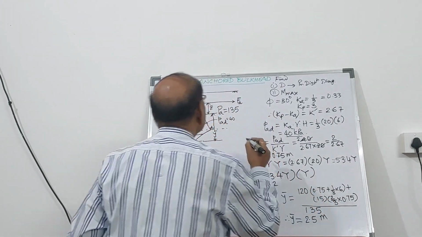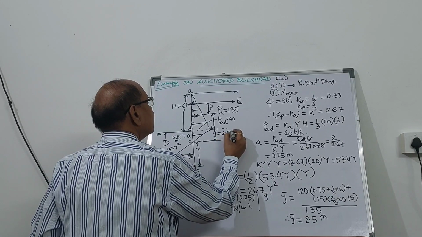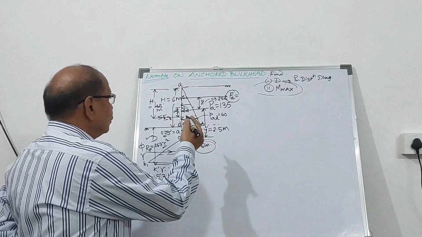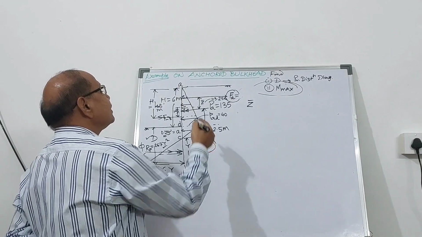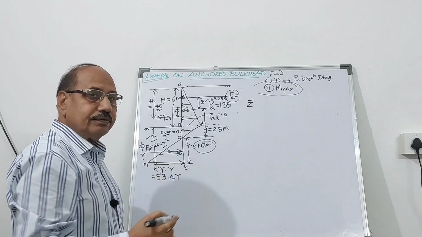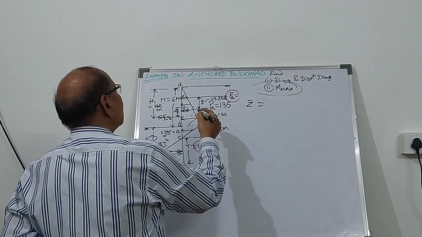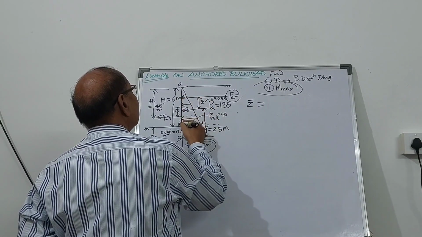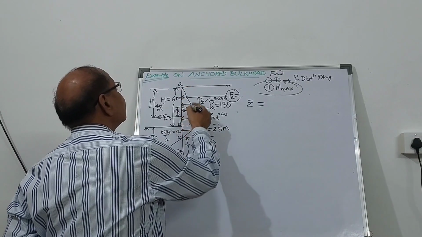So friends, there is going to be 2.5 meter. So we have to calculate Z bar. Z bar is the distance between the anchor rod and the point of application of the active thrust. And this can be easily computed because you know that from here to here it is going to be 5 meter. Total is 6 meter.